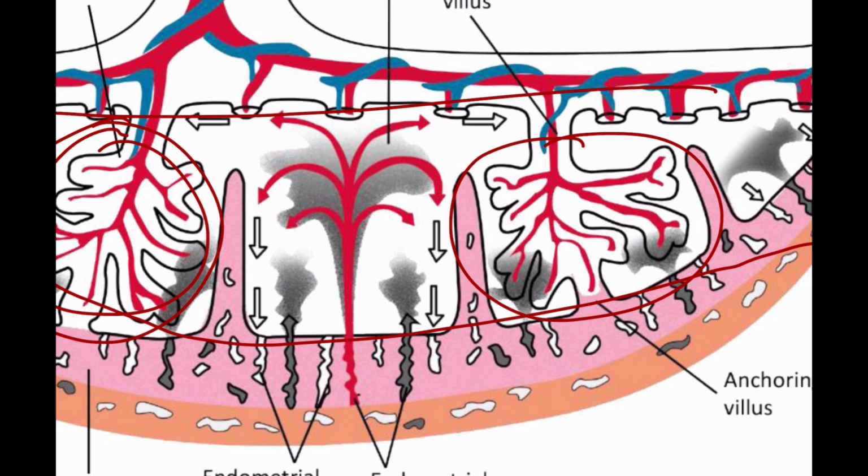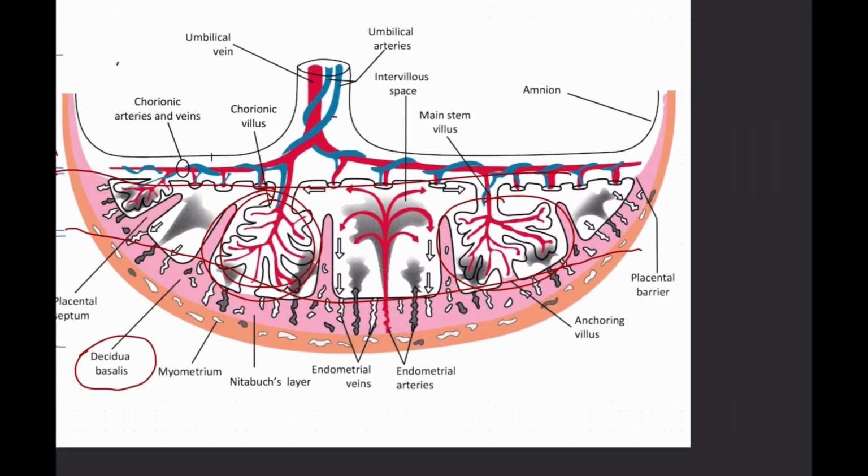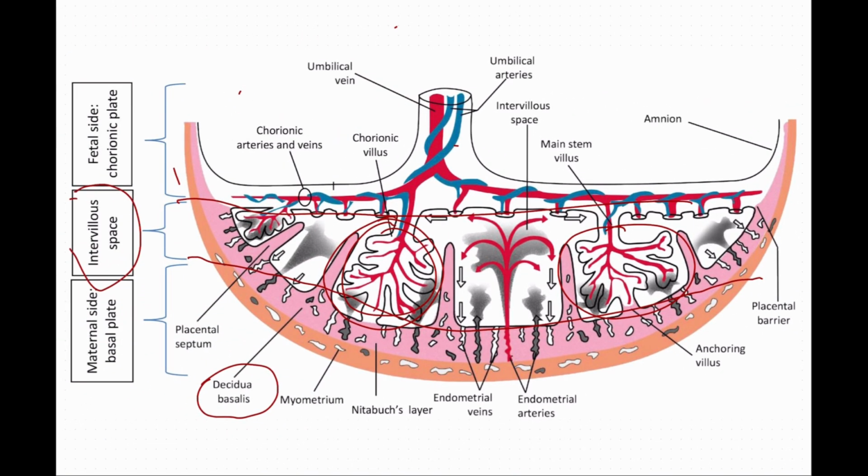So yes, maternal and fetal blood are not mixed. They're actually separate. The intervillous space fills the placenta with maternal blood, which allows the chorionic villi to take up nutrients and have gas exchange without mixing any blood.